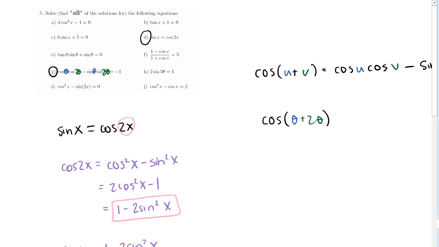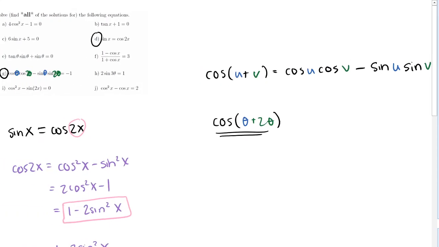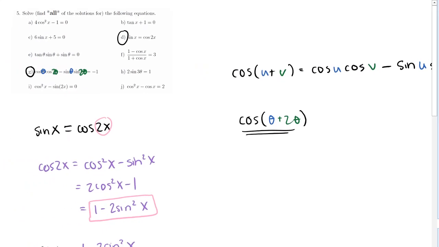Right, if you were to expand out this expression using the cosine angle addition identity, we would obtain the same expression on the left side of this equation. And so we're saying that this left side is going to be equal to the right side. We want to find when it's equal to -1. So we're solving this equation: cosine of 3 theta is equal to -1.